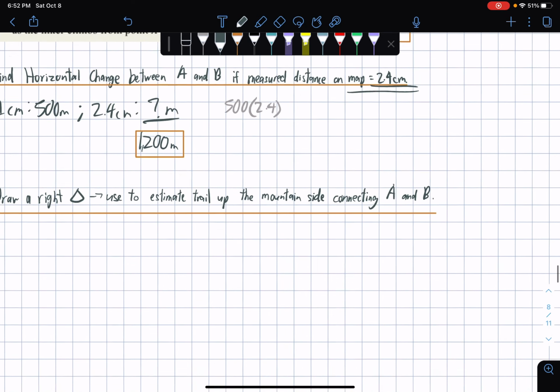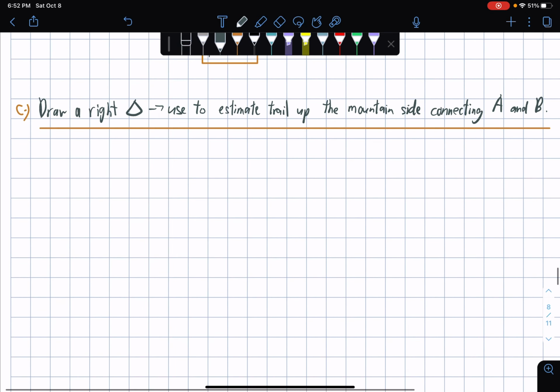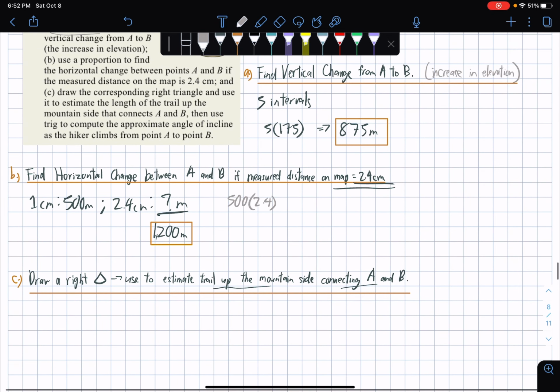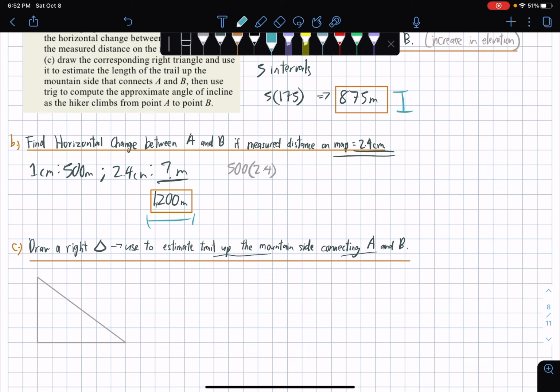Let's finish letter C. We're supposed to draw a right triangle that's going to be used to estimate the trail up the mountain side connecting A and B. So based on these values, this is the horizontal change, this is the vertical change. Let's make a triangle right here. There we go. 875 meters would be the vertical, which is this one.